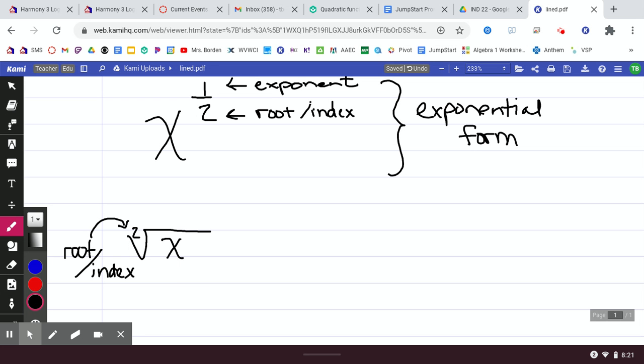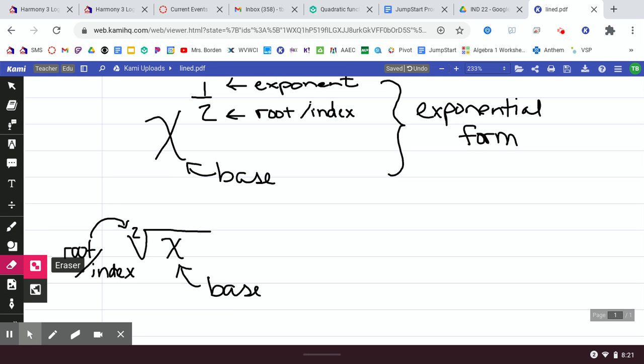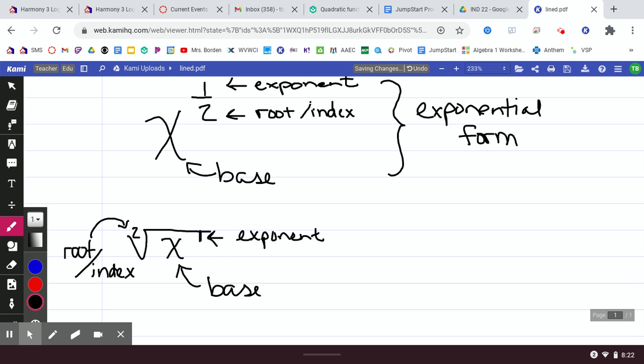Under here is your base. So you'll notice some like parts here. Put the base back up here. I just want to make that smaller. That's okay. Right in here is your exponent. And if there's nothing there, what's there? A 1.